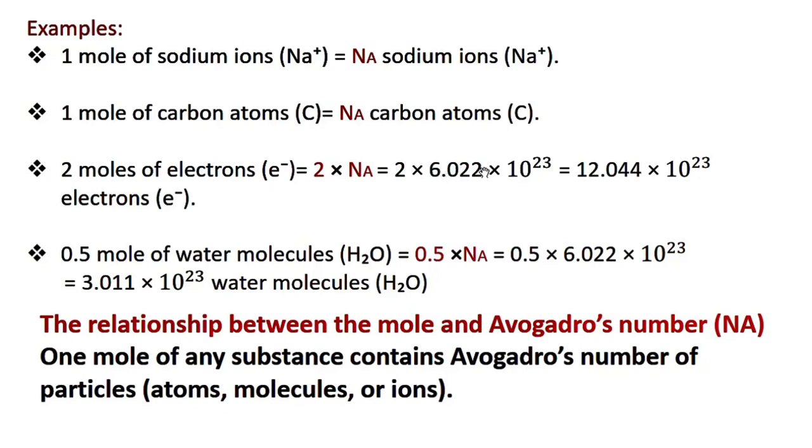By multiplying these numbers together and leaving the power of ten out, we get 12.044 times 10 to 23 electrons. So if we have 2 moles of electrons, I have 2 times Avogadro's number of electrons.